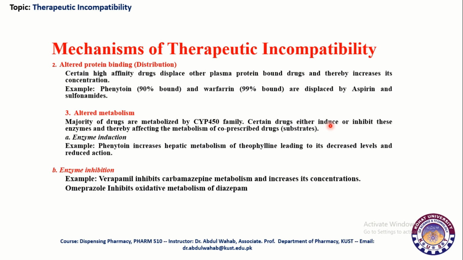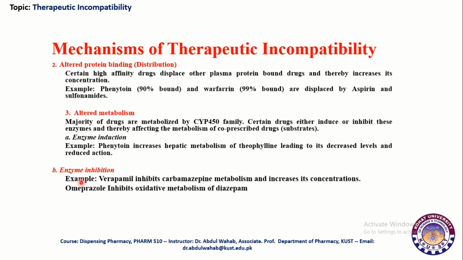Certain drugs either induce or inhibit these enzymes and thereby affect the metabolism of co-prescribed drug substrates. Enzyme induction. Example, phenytoin increases hepatic metabolism of theophylline, leading to its decreased level and reduced action.